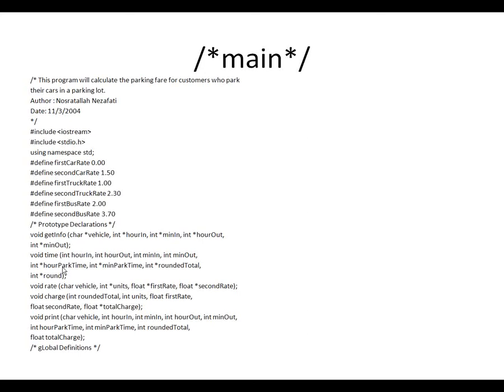The next one is the second rate, which means the units, the first rate and the second rate will get changed in the rate routine. The next function is charge. Again, the type is void, and in this one only the total charges will be the variable that gets affected and changed. And again, there is nothing returned out of this function.